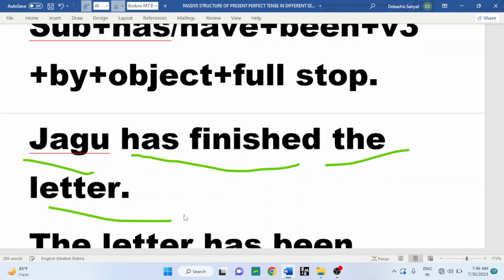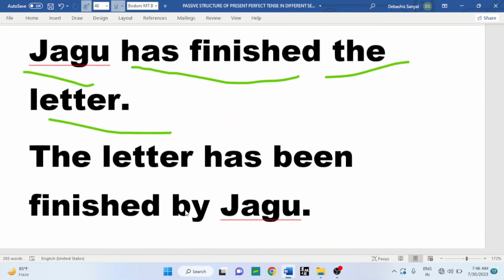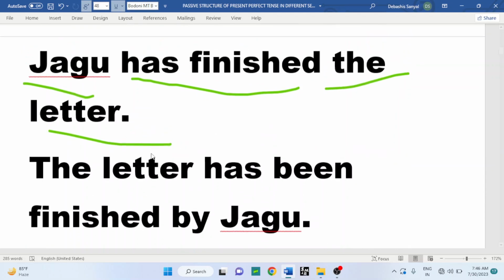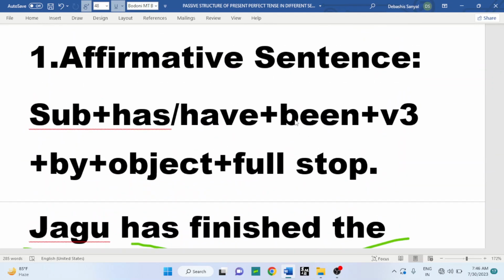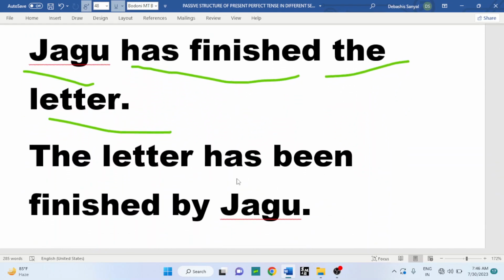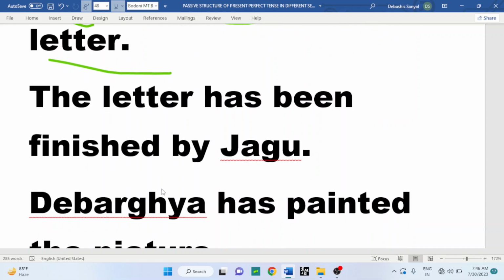Then the general rules remain the same. The object, the letter, in the active voice becomes the subject in the passive voice, so it is placed to start the sentence. The letter, then according to the structure, has been or have been is used. The letter takes has been, third form of the verb. The letter has been finished by Jagu.